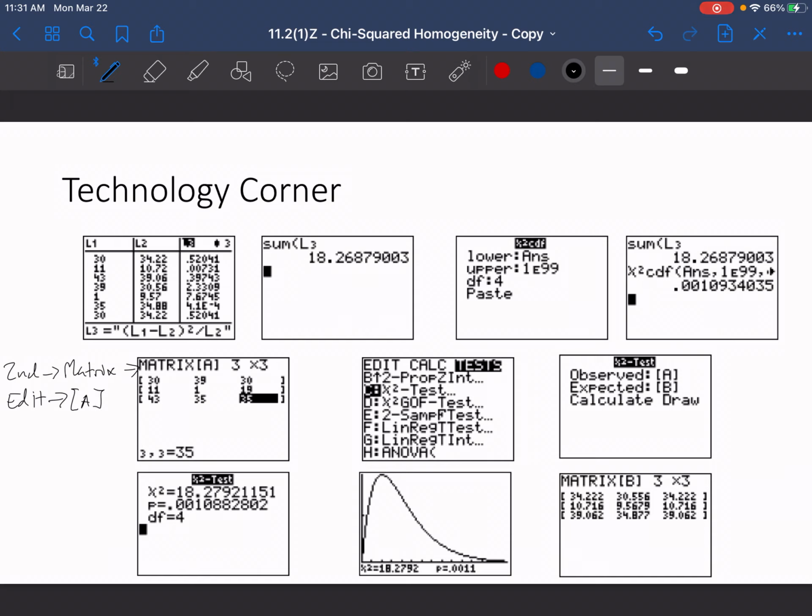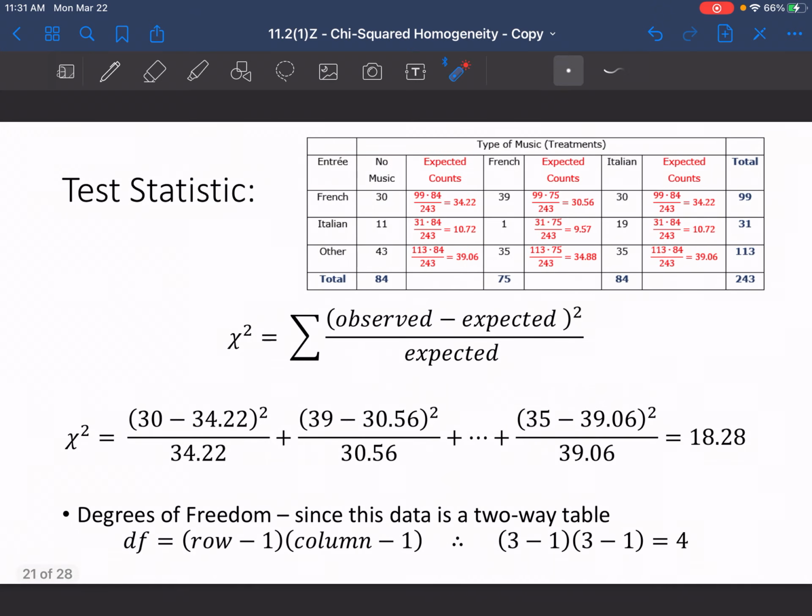Then you want to enter in all of your observed values for matrix A. So just 30, 39, 30, what they give you in the table, basically.